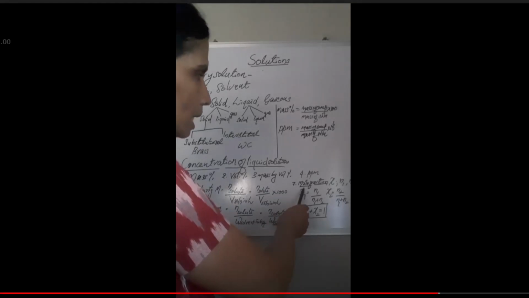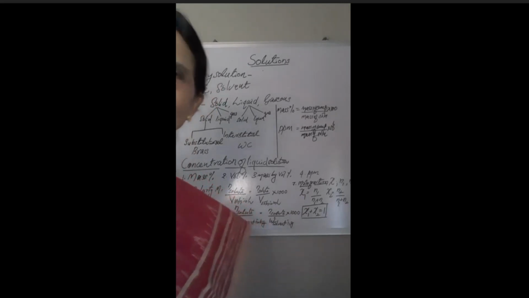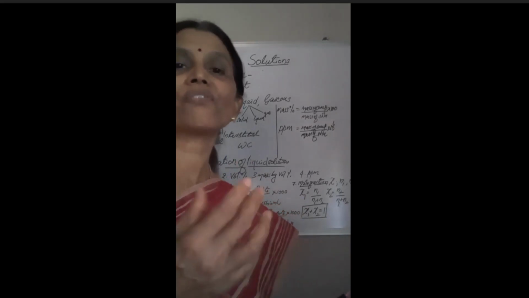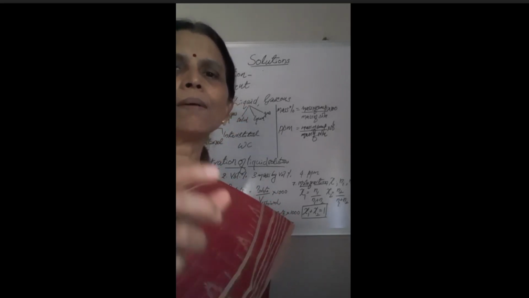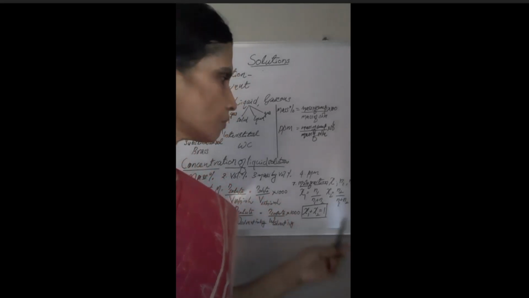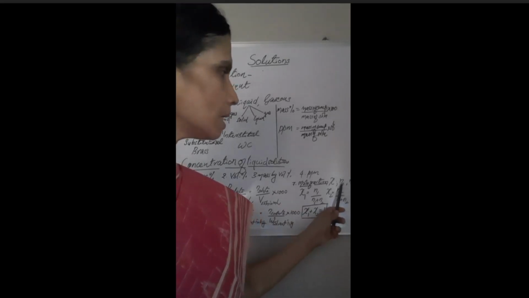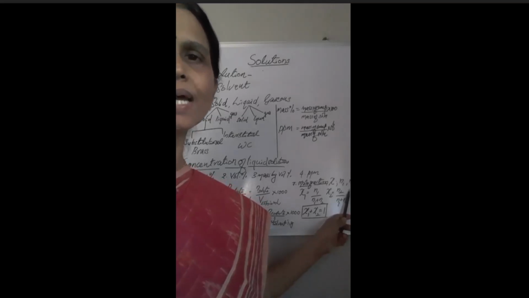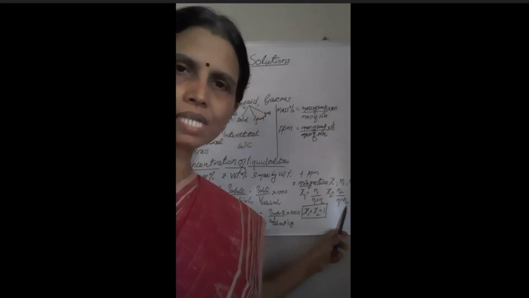The next important method by which we express concentration is mole fraction. Mole fraction means number of moles as a fraction, meaning how many moles of a component are present in the total number of moles. So, for example, if we have two components, one with the number of moles n1 and the other n2, then the total number of moles present in that solution is n1 plus n2.